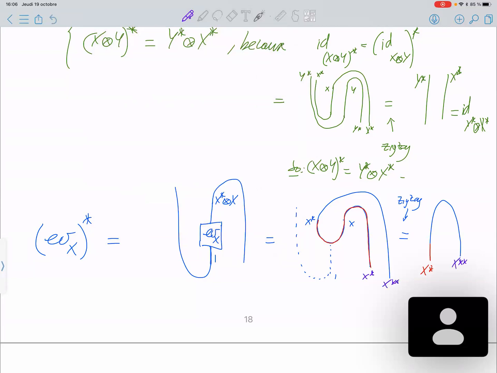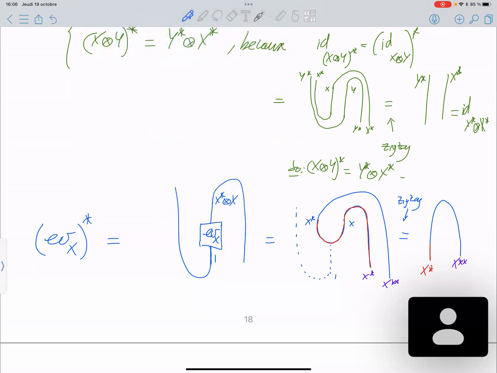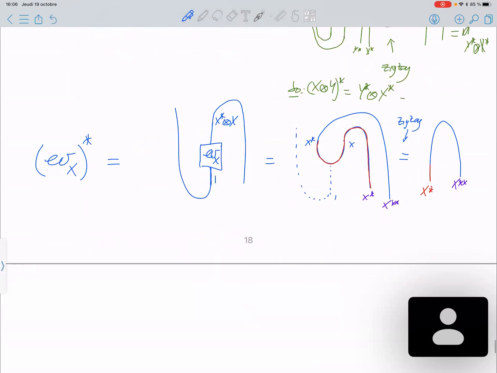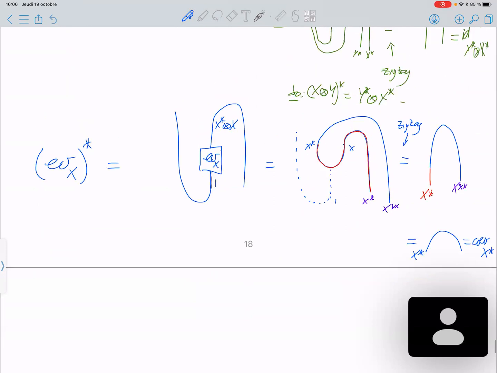And this is nothing but the co-evaluation of X star.